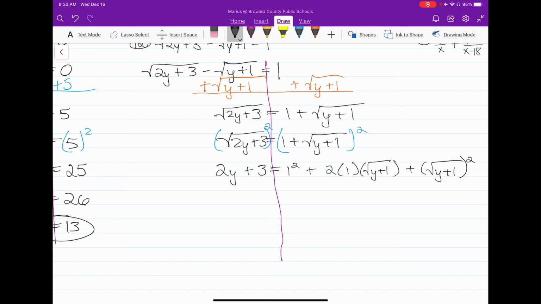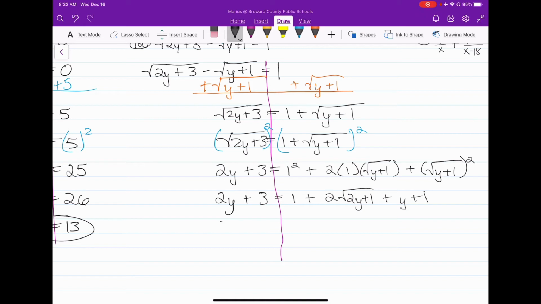And when we continue to simplify, we have 2y plus 3 equals 1 plus 2 square root of y plus 1, plus y plus 1. Because when you square a square root, you're just left with what's underneath the radical.